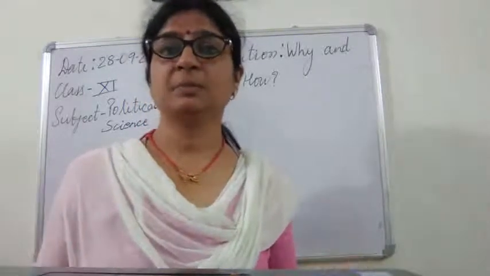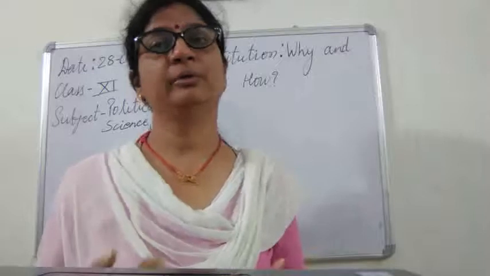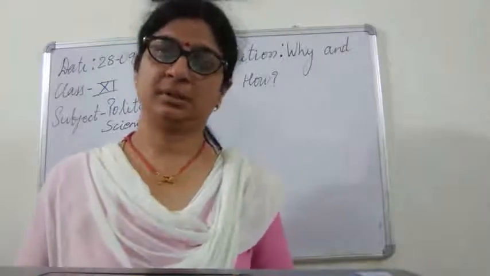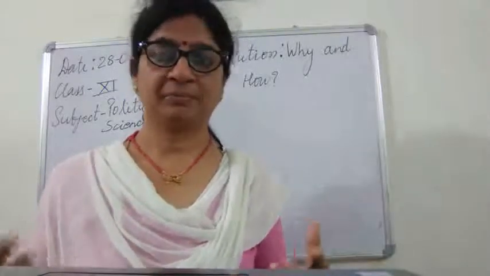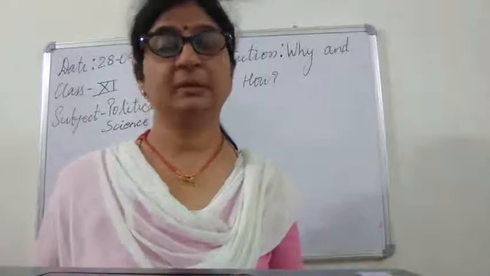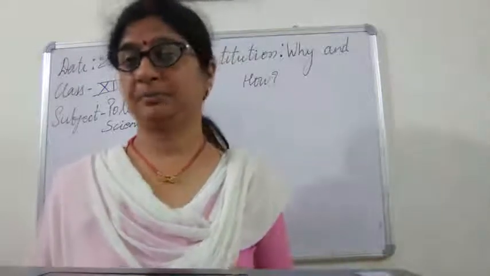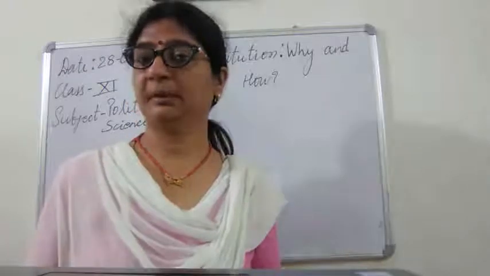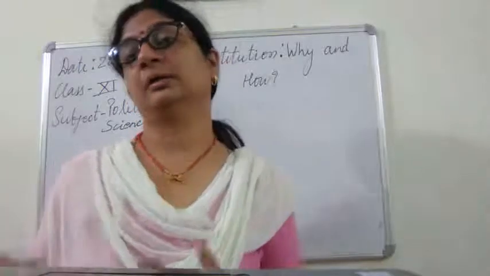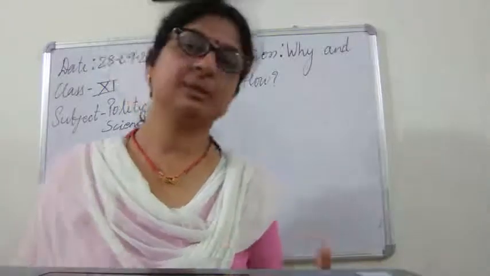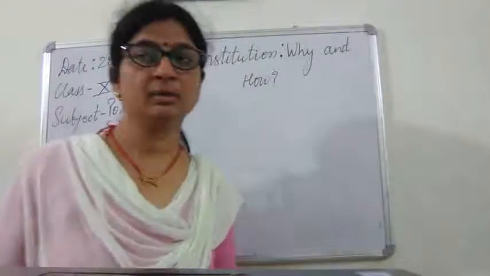It also specifies how the government will be constituted. Like हमारे यहाँ, if we have a parliamentary form of government, then how the elections will be held for the parliament, then how the executive will be formed. Everything is there in the constitution.